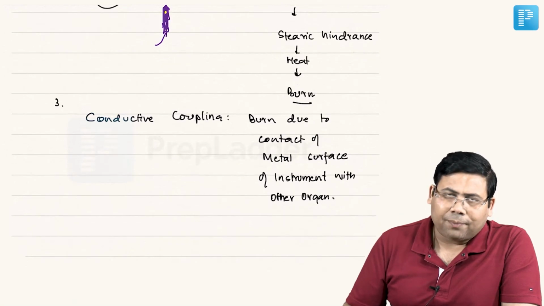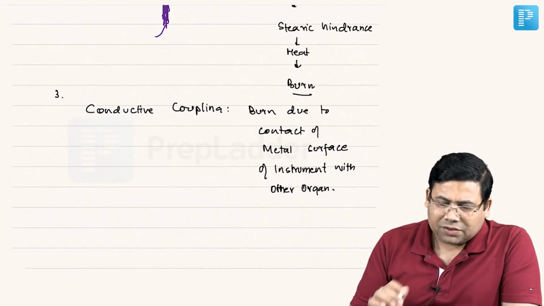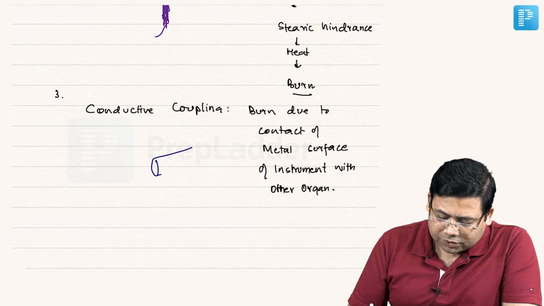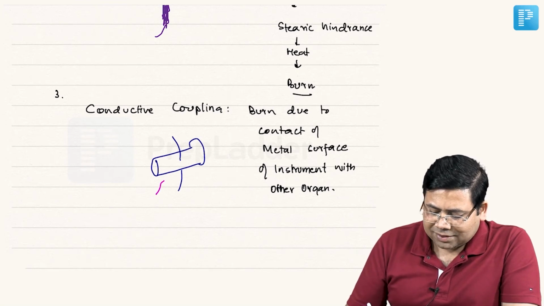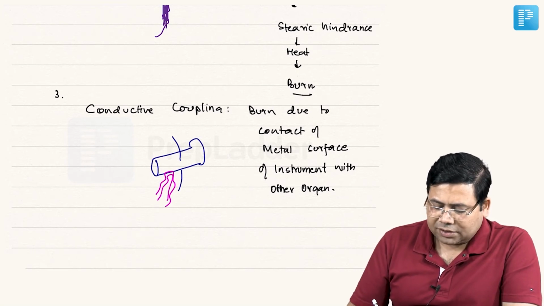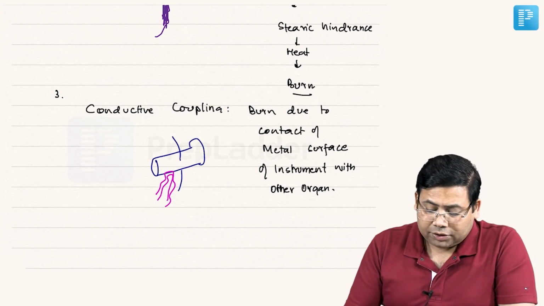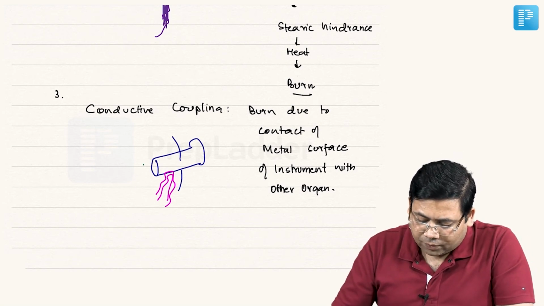So try to understand. Suppose you are doing a laparoscopic surgery. This is very common with laparoscopic surgery. Suppose this is the port through which you are operating, and you are not seeing this. There is a bowel which is in contact with this instrument, this port, and this is your hook.